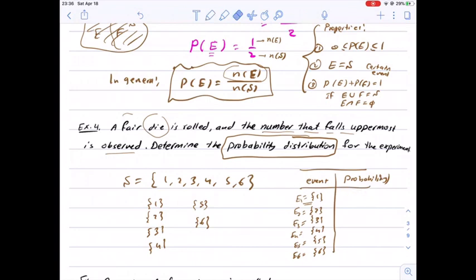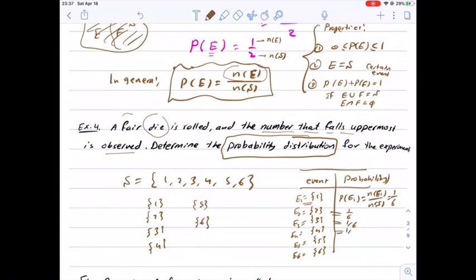I'll do it just for the first event E1 and then find it directly for the others. So the probability of the event E1 is the number of elements of event E1 over the number of elements of S. The number of elements of event E1 is just one element, over the number of elements of S, so it is 1/6.